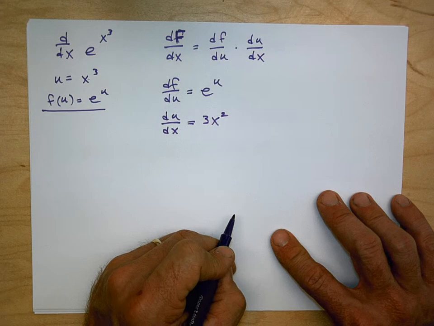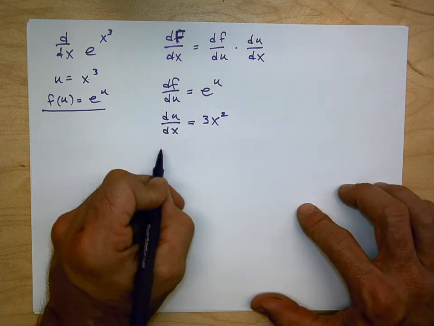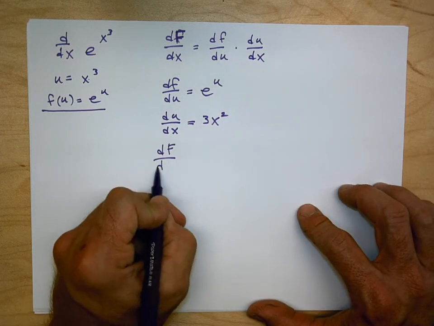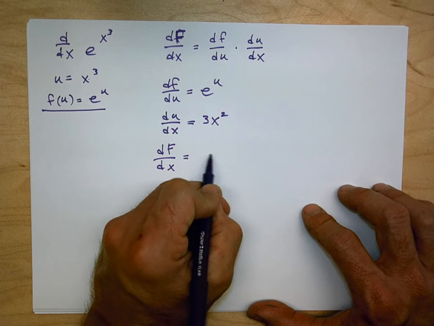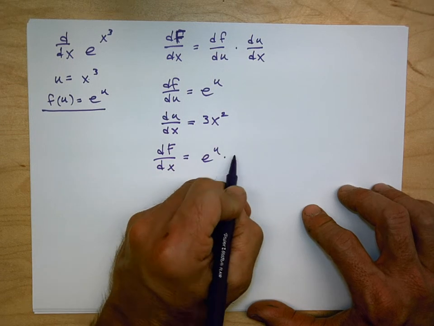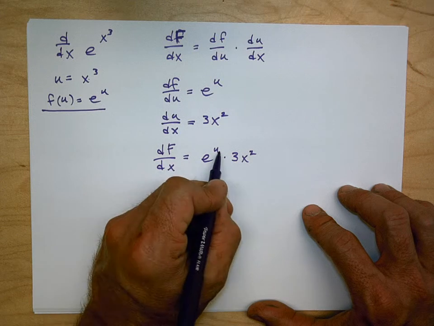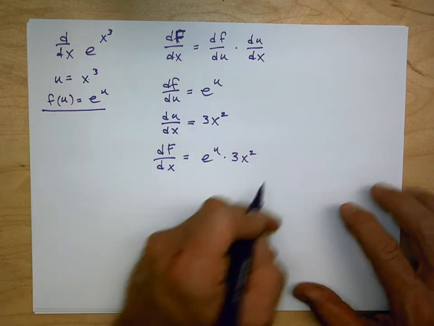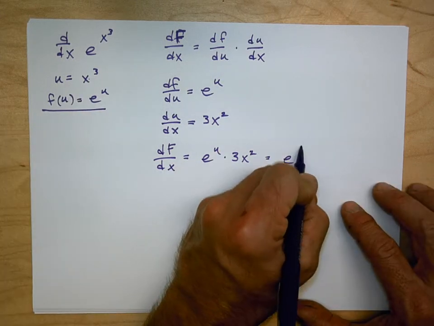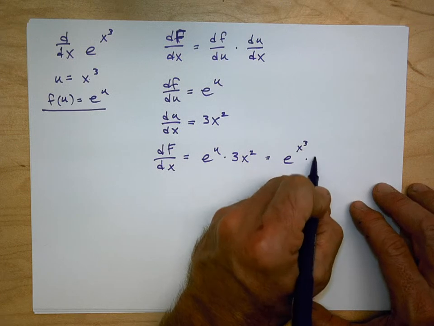Now I need to rewrite this. My dF/dx is e to the u times 3x squared. But I want this all in terms of x, so I replace u with what it equals. So I'm left with e to the x cubed times 3x squared.